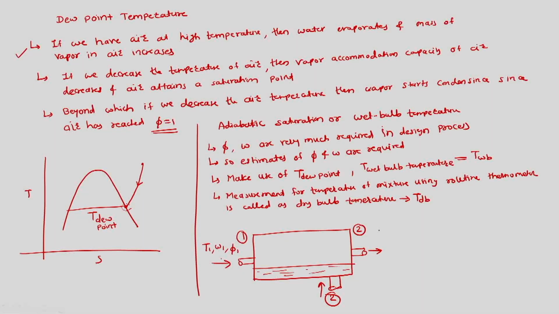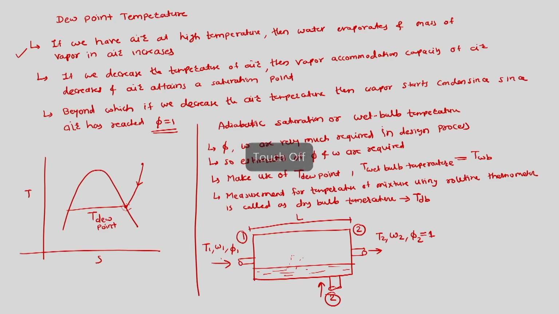It will go out with temperature T2, specific humidity omega 2, and relative humidity phi 2, but phi 2 is equal to 1, since this length is large, such that water is evaporating into the air and getting accommodated in it at every station, with more and more water vapor in the air, such that at the exit the air would have reached phi equal to 1, which is the saturation state for the vapor.